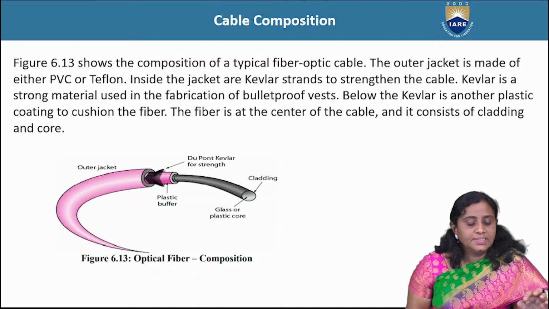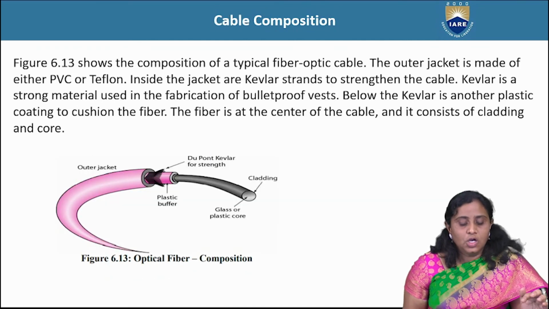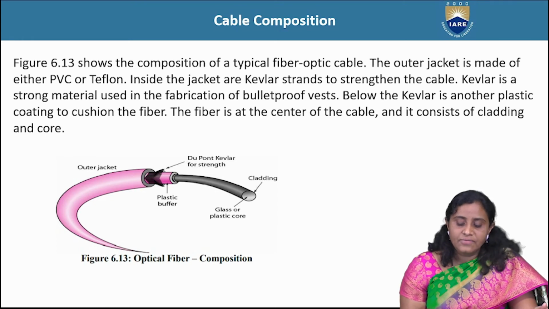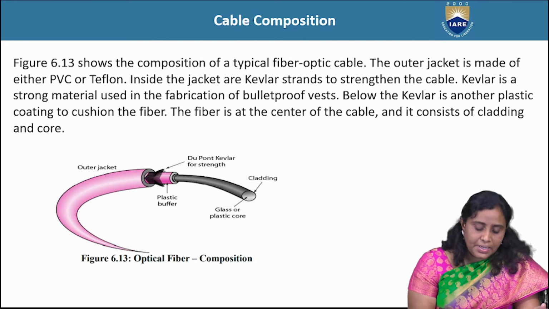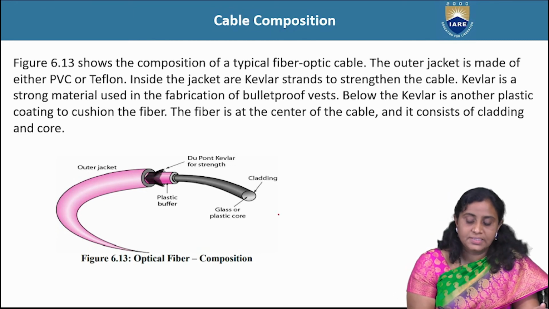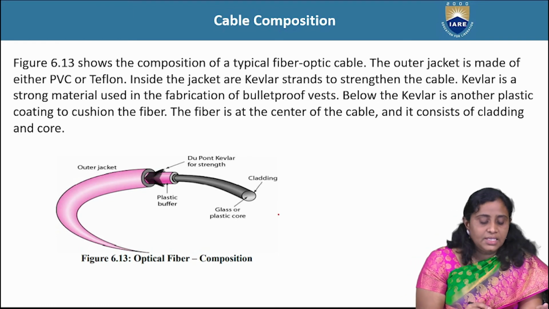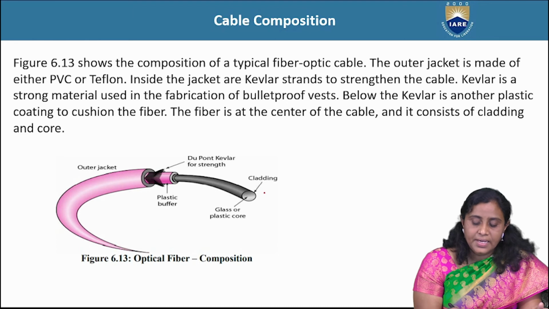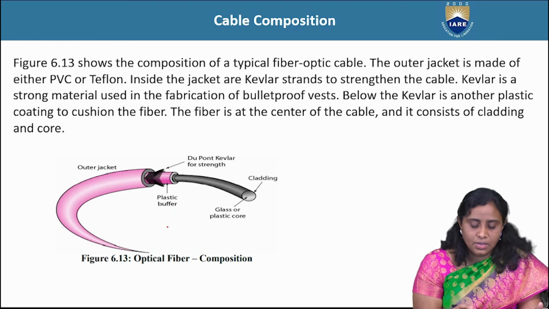Coming to this, it shows the composition of a typical fiber optic cable. Below the Kevlar, a strong material used in the fabrication of bulletproof vests, is another plastic coating to cushion the fiber. The fiber is at the center of the cable, consisting of the cladding and the core.